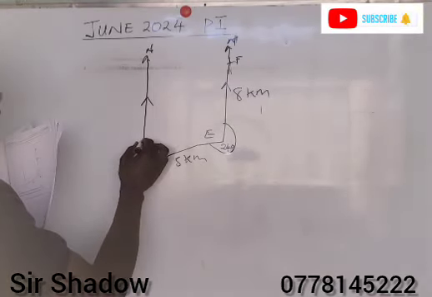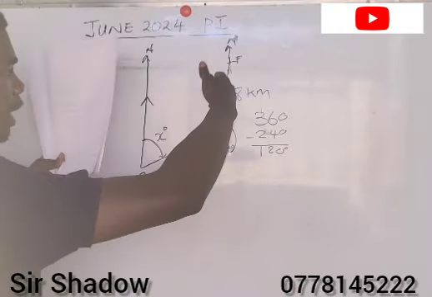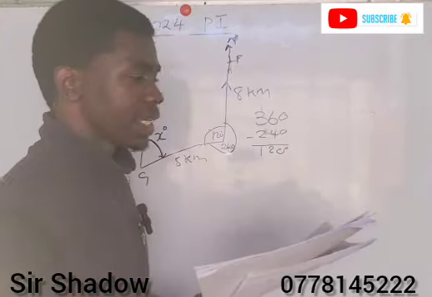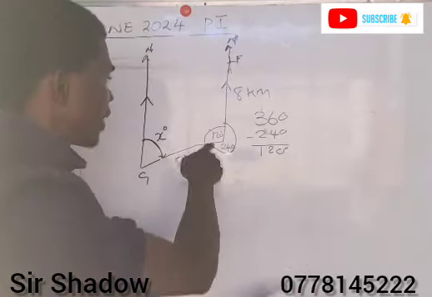Since this angle is 120 degrees, we have to know that these two base angles are supplementary because the lines are parallel to each other. If you add this angle and this angle, they give us 180. So 180 minus 120 gives us 60 degrees, meaning that here is 60 degrees.